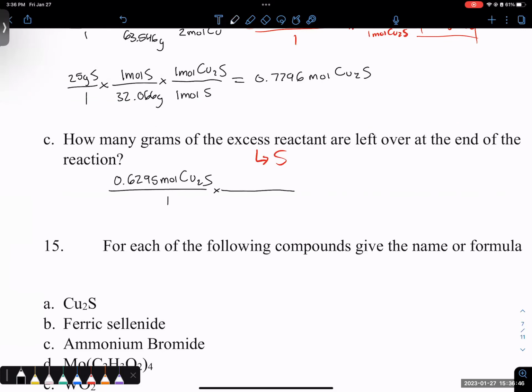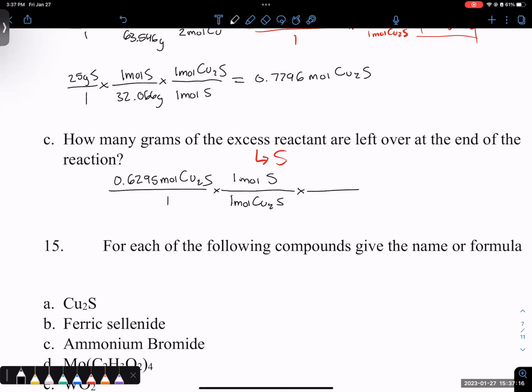So a 1-to-1 ratio. One mole of Cu2S is produced by 1 mole of sulfur. Are we good with that so far? So now let's figure out how many grams of sulfur were used up from that. To figure out how many grams of sulfur, what do we use?